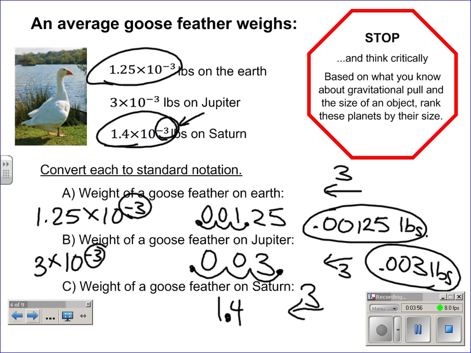So I start the decimal here, and I move the decimal to the left 1, 2, 3 times. And I moved it 2 places past the 1, so I need 2 zeros to hold the places. So my final answer is 0.0014 pounds. That's how much the goose feather weighs on Saturn.